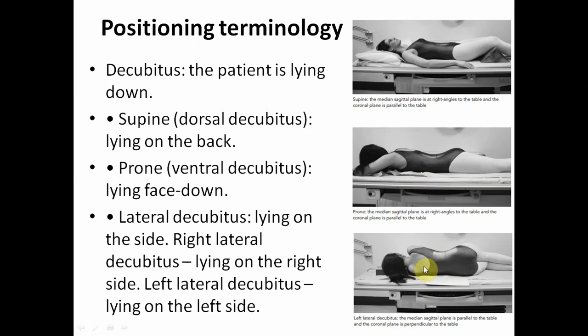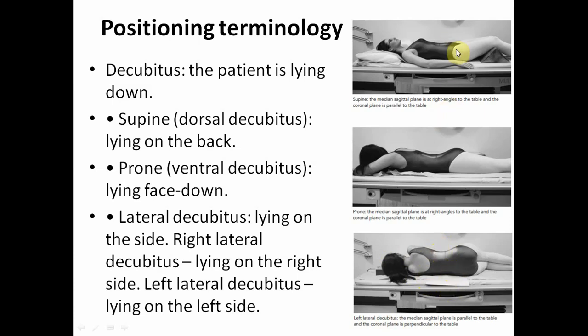If it is erect, we call it erect positioning. In the same way, in a decubitus view also we have right and left. You can see this is the left side, the patient is touching the table, it means this is left lateral decubitus. If the right side is touching, it means right lateral decubitus.